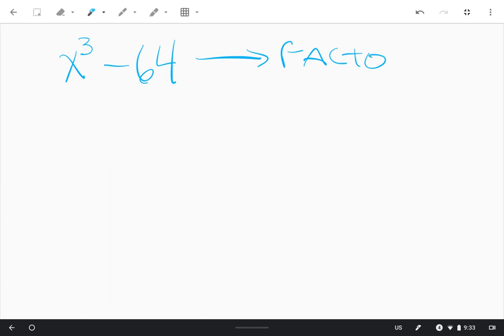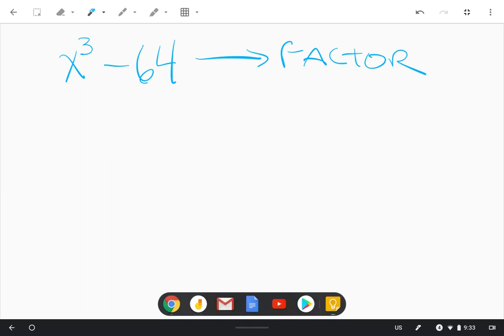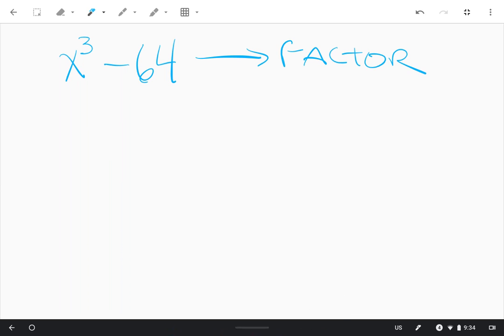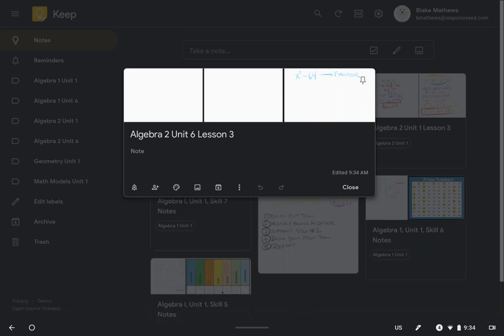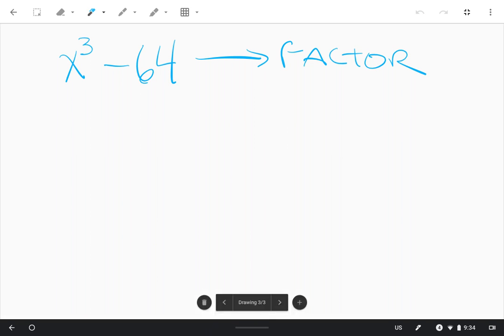The first thing we have to do is go back to our other drawing, our other little table, and that table is going to show us which one of these we're looking at. You'll notice that in ours we have a cube, a number, and a subtraction sign. So this is a great example of the types of problems you're going to see.